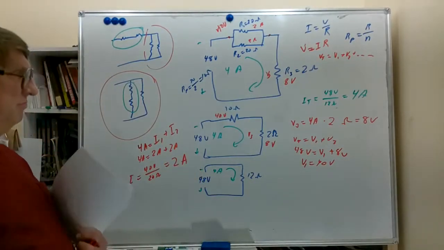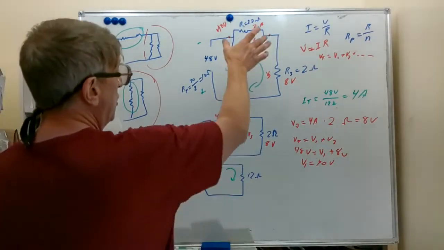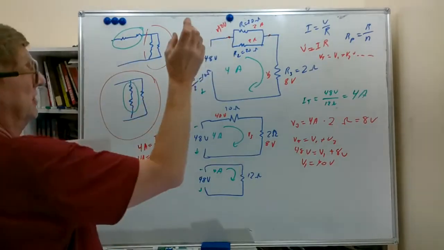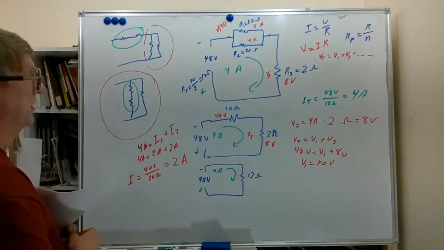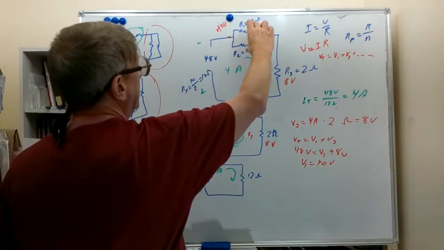So there's no need to do the other one because it's the exact same resistance. And we know in parallel branches the voltages have to be the same, the same resistance, you're going to get the same current. So we have consistency here. Our 4 amps here splits into 2 amps, 2 amps.